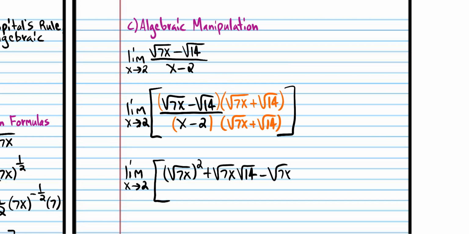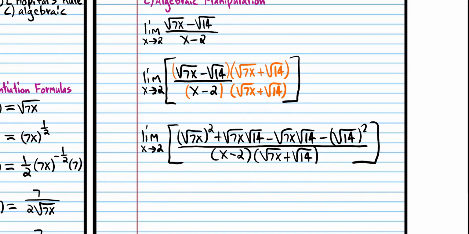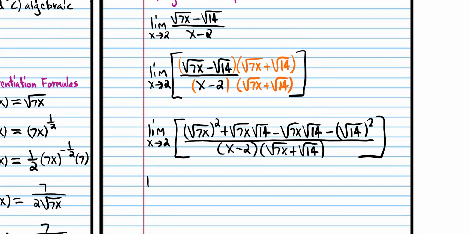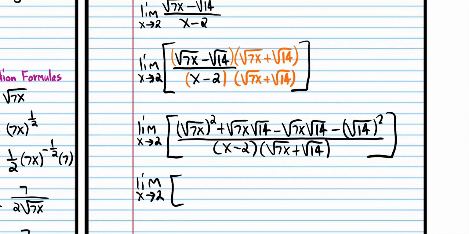We get negative root 7x times root 14, and we'll multiply these two, and we'll get negative root 14 squared. And we can just keep the denominator in the factored form. So you can see this method is really not desirable. That's why we use all the differentiation formulas.